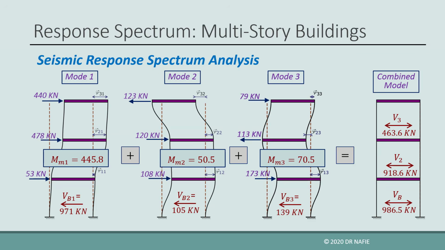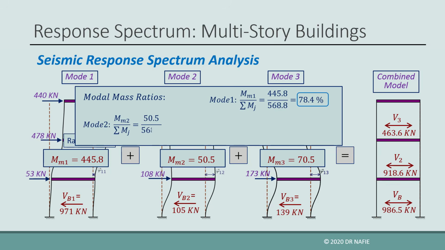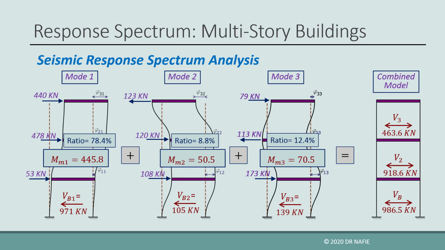The modal mass ratios are also calculated. The modal mass ratios for modes 1, 2, and 3 were found to be 78.4%, 8.8%, and 12.4%. This indicates that mode 1 is the most significant mode in the final response of the building.